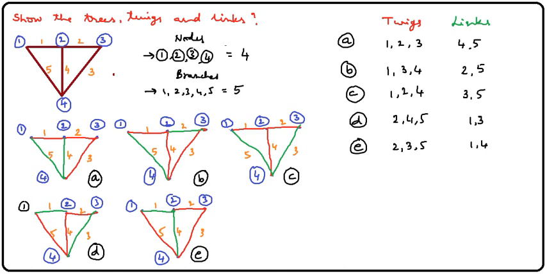Yeah, same concept. Let me take the nodes, node 1, node 2, node 3 and node 4. Take the twigs red color. How to go ahead?